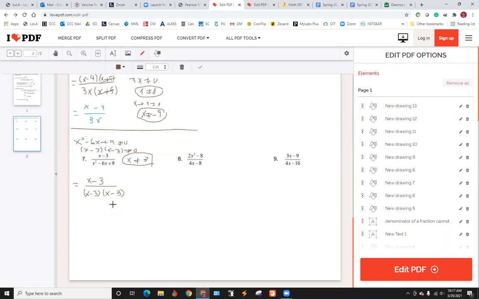It's going to be 1. Okay, there's going to be 1, but it's not completely 1, because you still have that. You had 2 of those down there. Right. So it's going to be 1 over x subtract 3. All right, great. Love it.